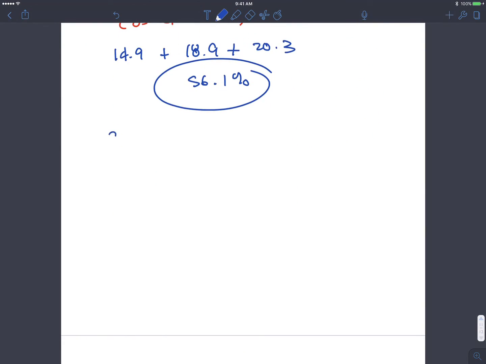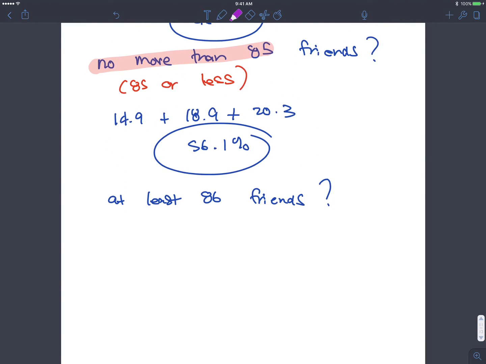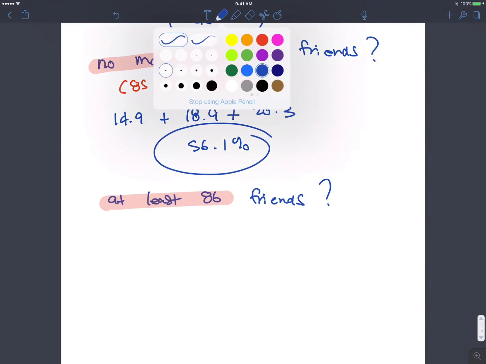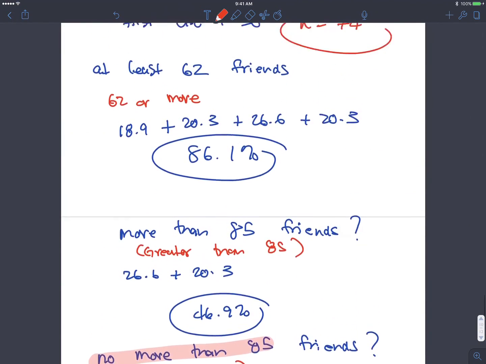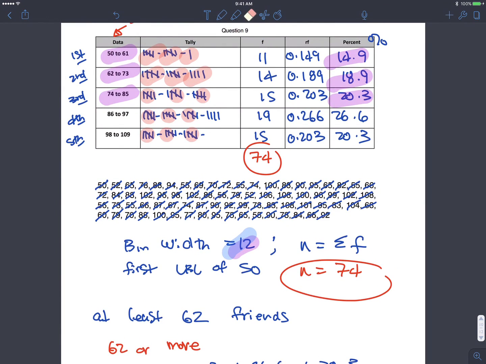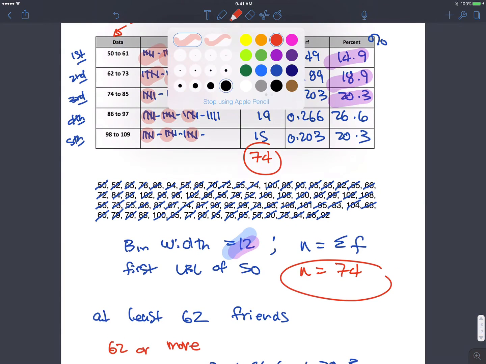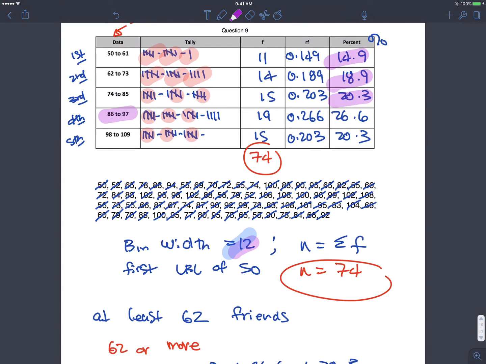The next phrase, at least 86 friends. At least 86 simply means 86 or more. So let's go back to the bins that hold data values that are 86 or more: bin 4 and bin 5.